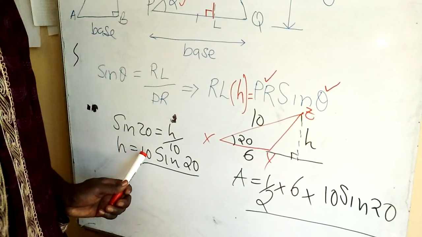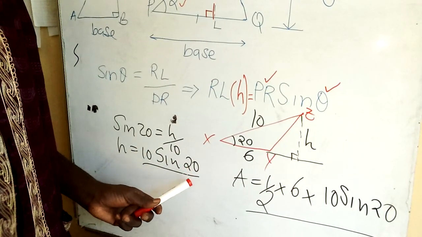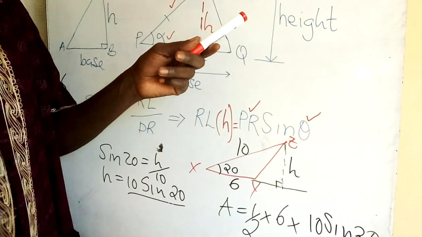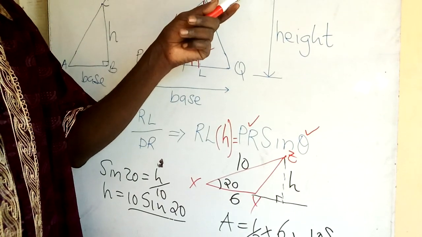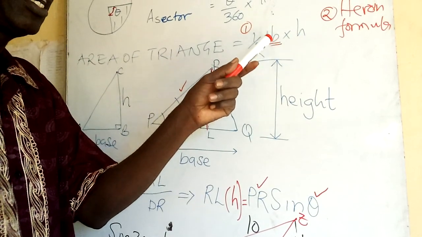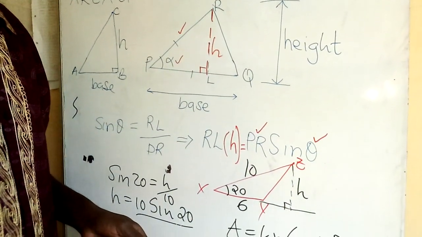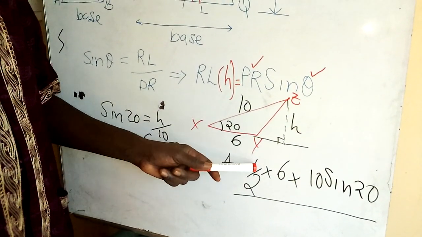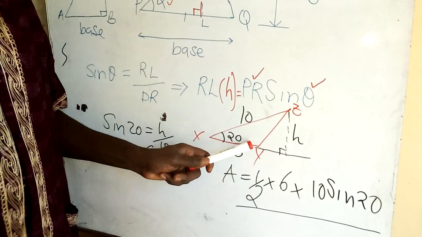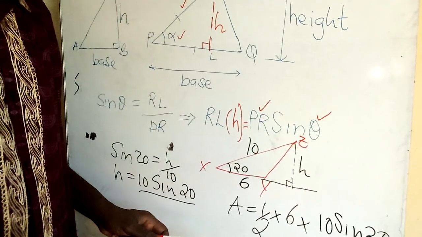Then H is 10 sine 20. So when I go to the basic formula, a half base times height, my base is 6 and my height I have found. I now replace: base is 6, then my height is 10 sine 20. So you compute this and get the answer.